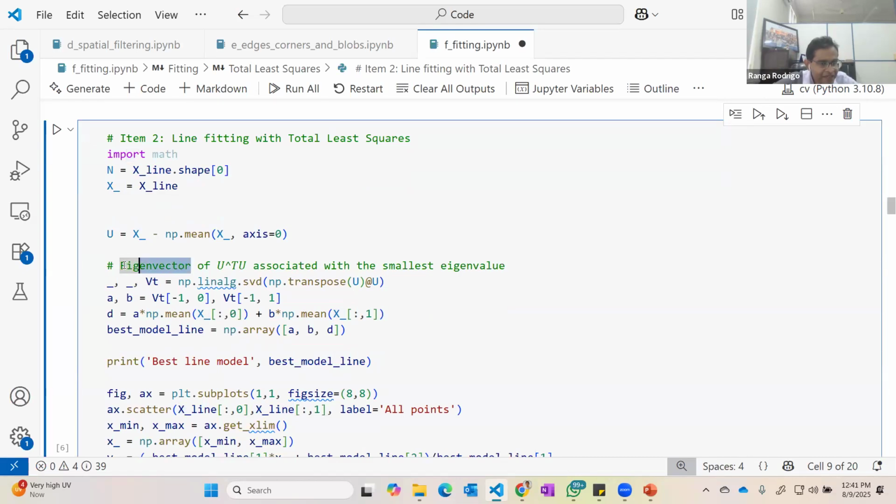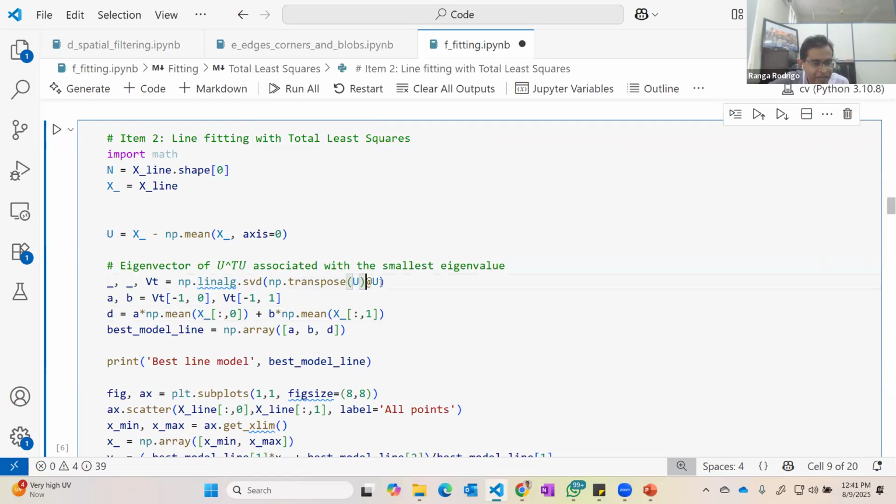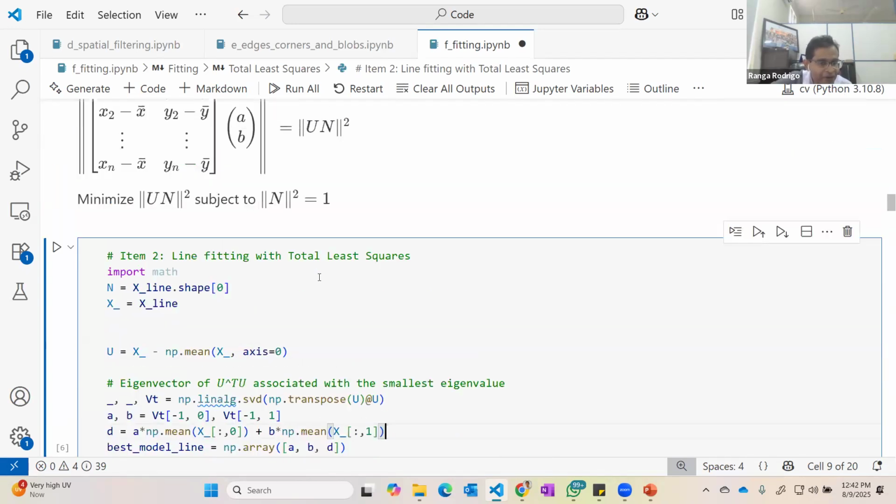Then to compute the eigenvector of U transpose U associated with the smallest eigenvalue, you use numpy linear algebra singular value decomposition of U transpose U. Then you pick the last row, and the 0th element is A and element number 1 is B. Then you can compute d as A times mean of X plus B times mean of Y. So this is the formula for that.